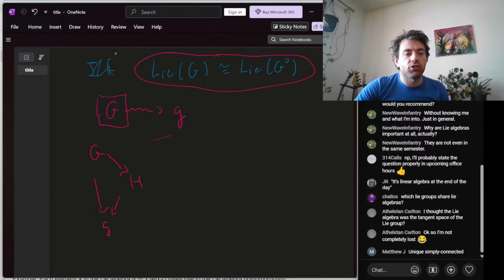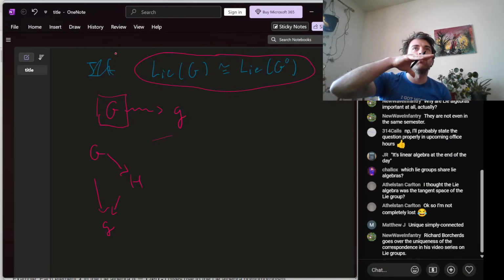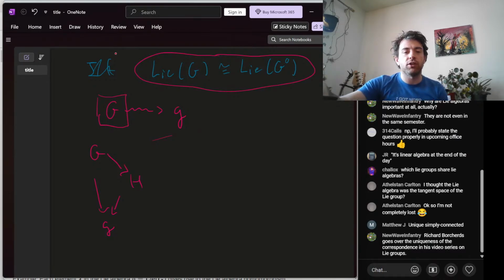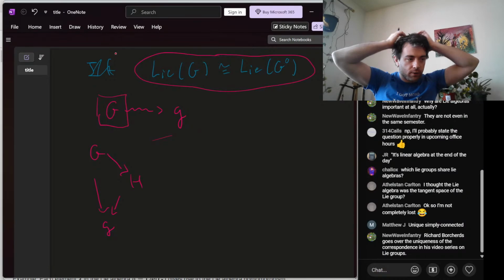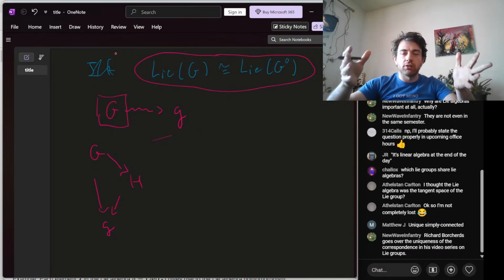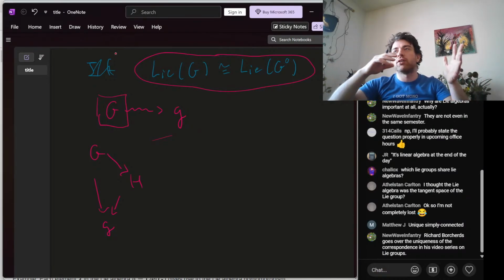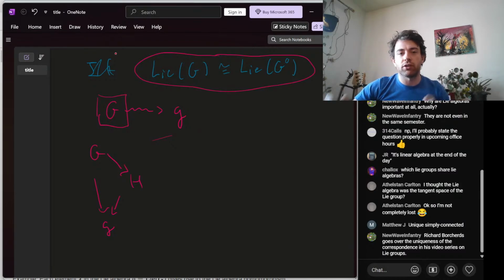And you also get a relation, like you can compute using the theory of fundamental groups and coverings of topological spaces. You can get some interesting things about computing the Lie groups that share a Lie algebra using fundamental groups. This is in Fulton Harris. There's a cool section about this.